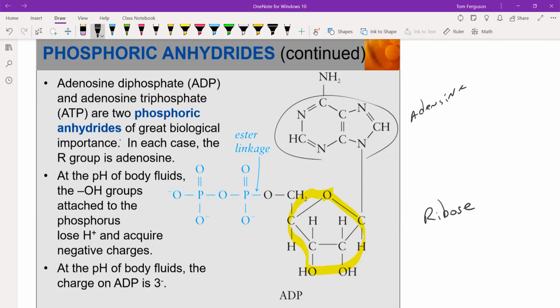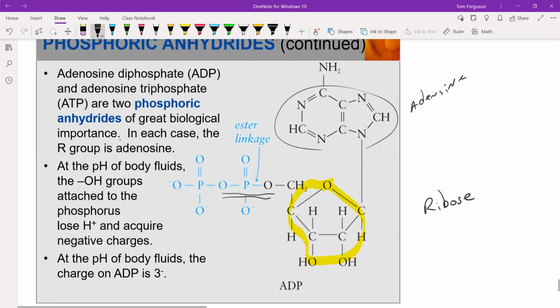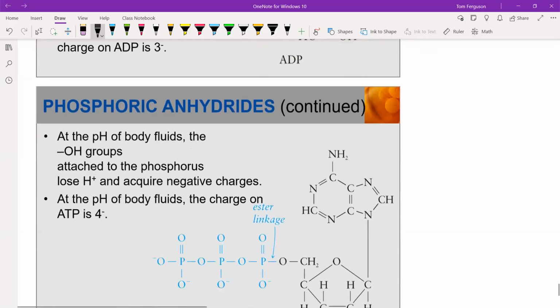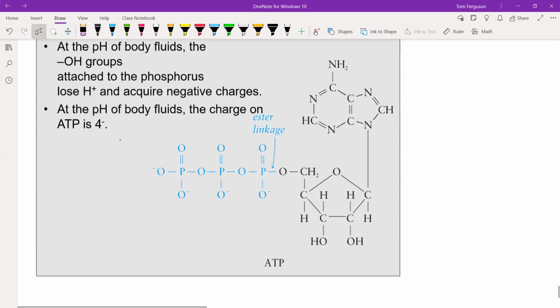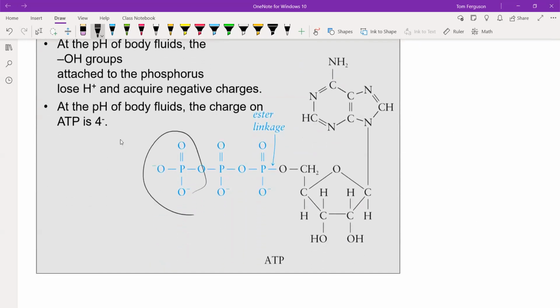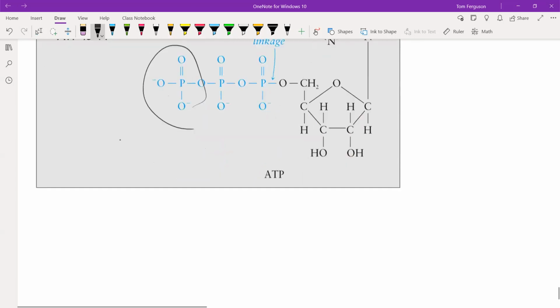What ties the backbone together in DNA and RNA is phosphate esters. Now, this would be ATP, ADP. This would be the one that comes up to form ADP.